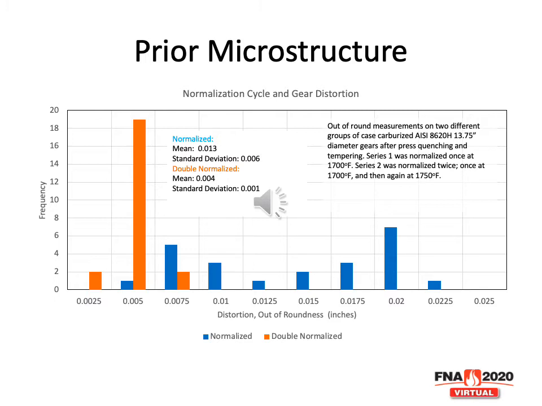The second series was normalized twice, at 1700, then at 1750, and then after press quenching, he measured the difference in the amount of distortion around. And what he saw is that when he double normalized, he saw a much more uniform distortion and much less distortion than with just a single normalization. And this can be due to lower alloy segregation, as well as a much more uniform grain size, which also affects hardenability.